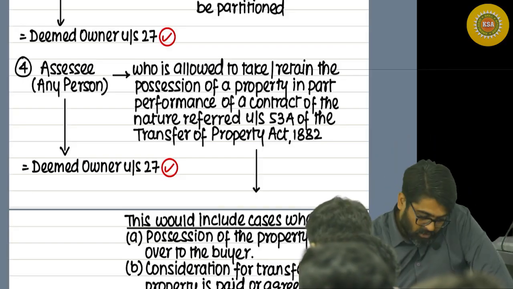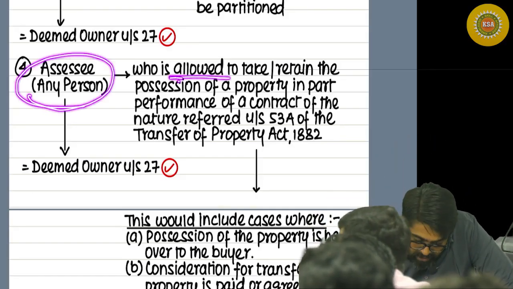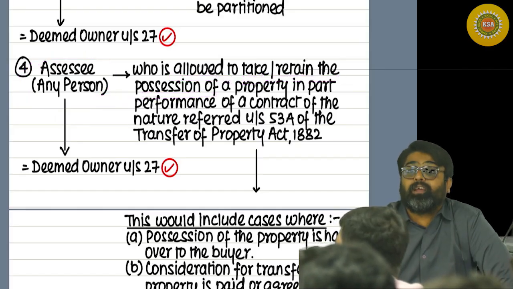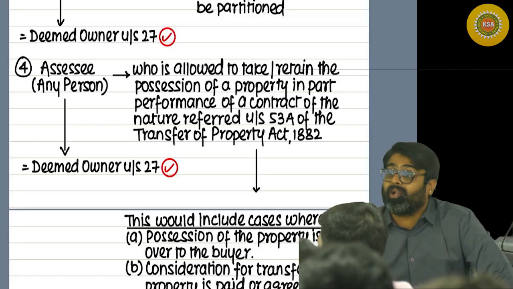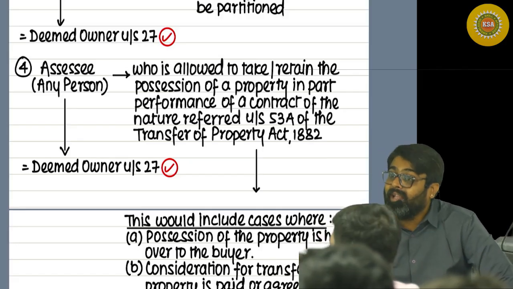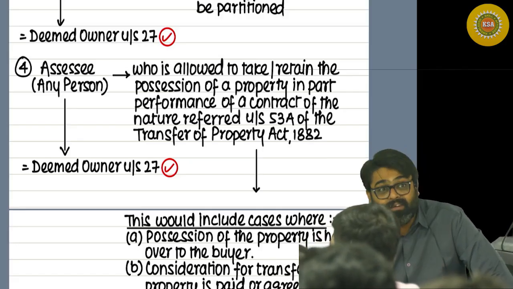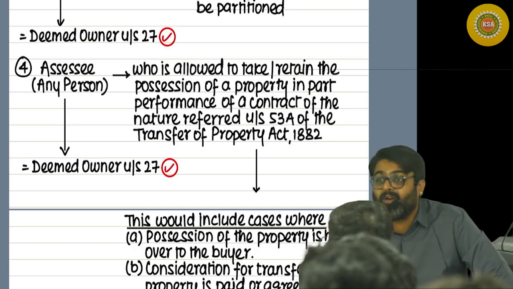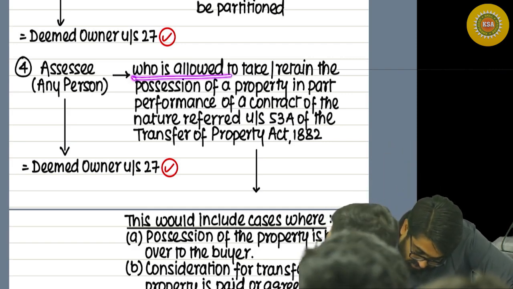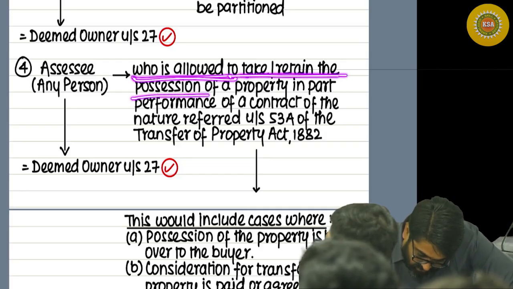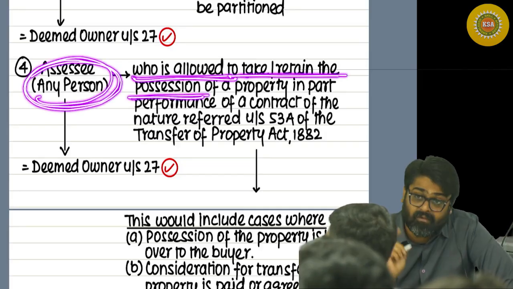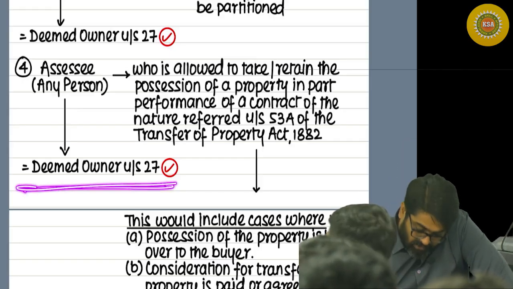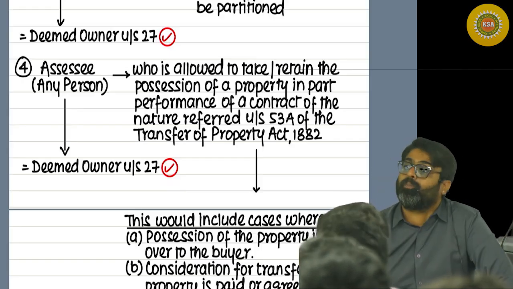Yes or no? So the assessee who is allowed to take or retain the possession of the property, even without registering the legal documents or title of the property, even if he has not yet become the legal owner, will be treated as deemed owner for this property if he has performed his part.